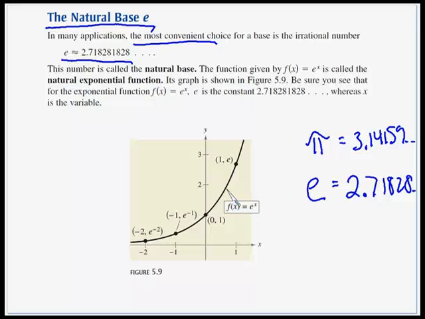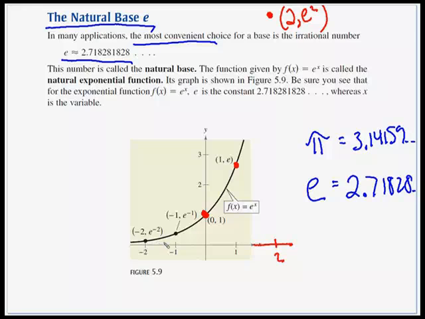So we look down here at the graph. Just like all other exponentials, we do cross the y-axis at 0, 1. And then when we plug in an x value of 1, e to the first is e. If we had room on the graph and we did plug in a 2, we'd go way up here somewhere, and this point would be 2 comma e squared.